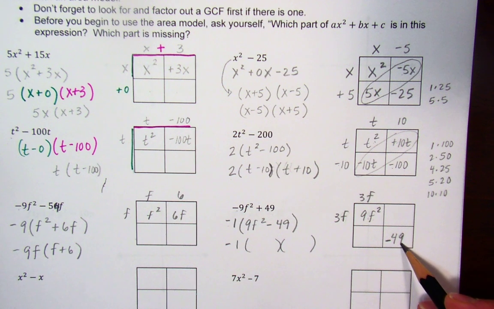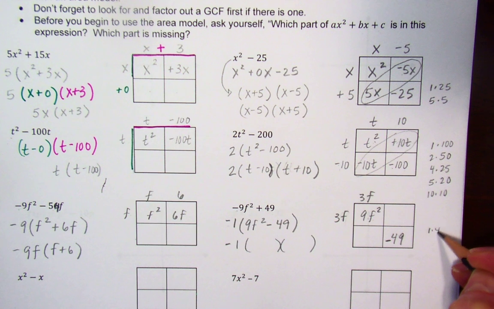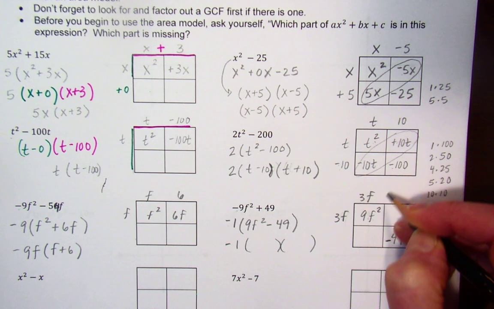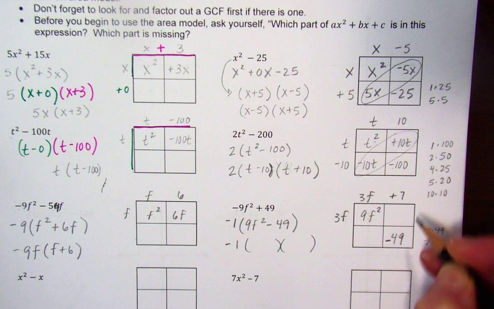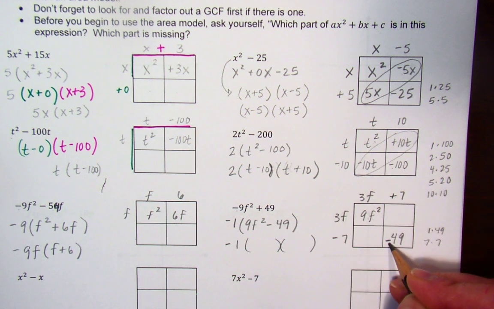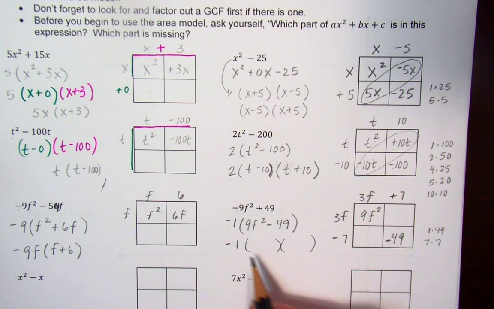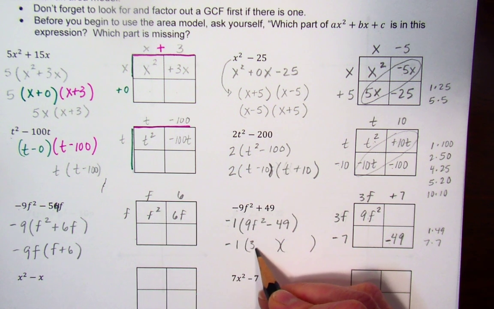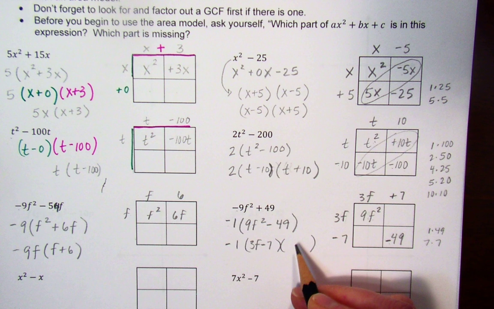And then I ask myself, what times what makes 49? I could have 1 and 49, or I could have 7 and 7. And I think by now you'll understand that you need to have one of them be positive and one of them be negative, so that a negative times a positive is a negative. So my factors here are 3f minus 7 and 3f plus 7.